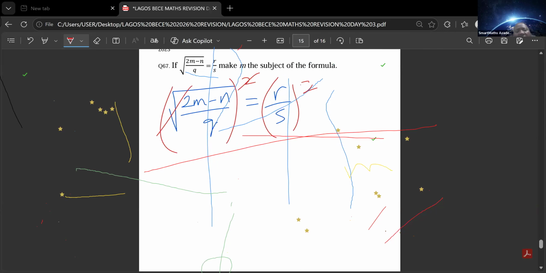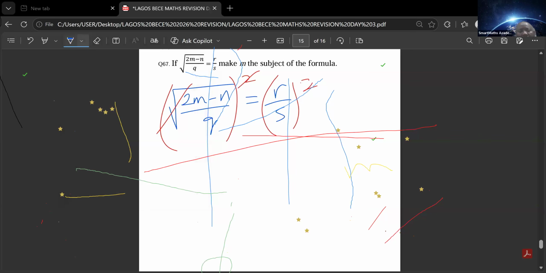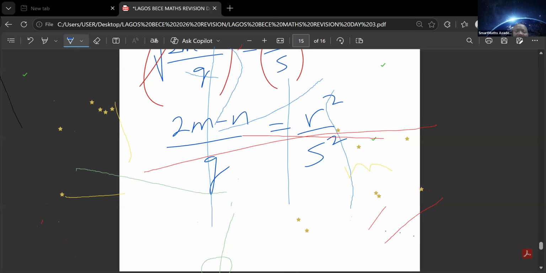So we are now going to have 2m minus n over q left here. Then this will be r squared over s squared. I believe I'm making sense. Okay, so the next is we have to cross multiply.